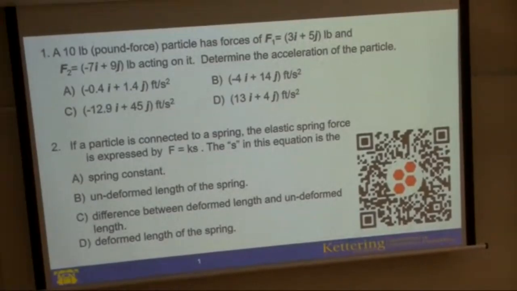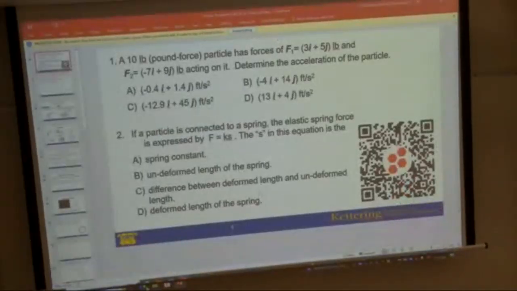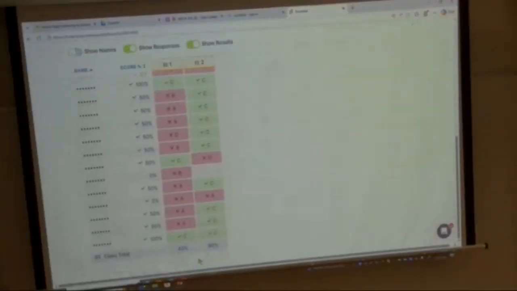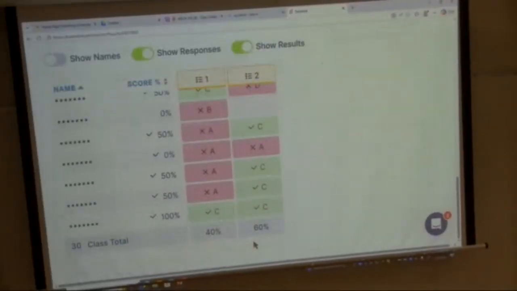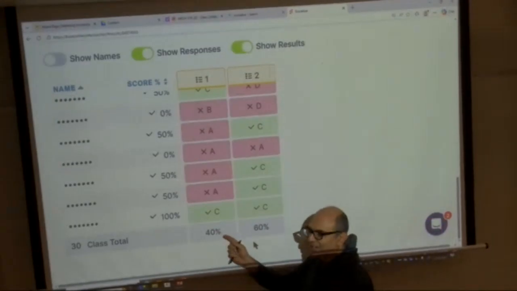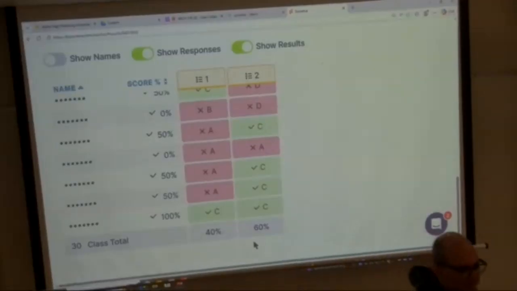Are you confident in your answers? Let's see. Can I show the results? 40% and 60%. Total is 100%. For the first question, less than half of the class answered correctly. For the second question, 60% answered correctly.